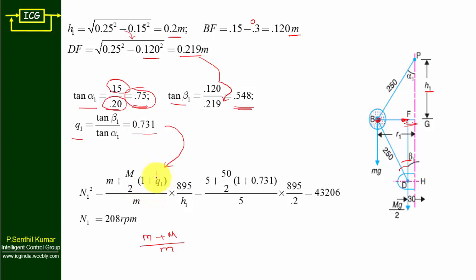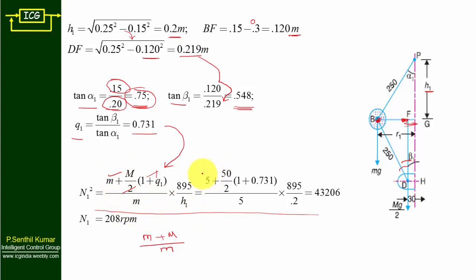So 1 plus 1 is 2, and the 2s cancel each other. You will get m plus M divided by m. So this is what we used in the previous two problems. But here Q is not equal to 1, so we have to include that Q value. So this is the standard formula for the Porter governor, which we have already discussed in the Porter governor governing equation topic. So now apply all those values.